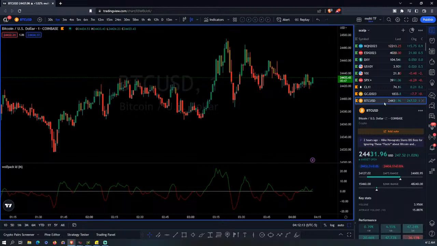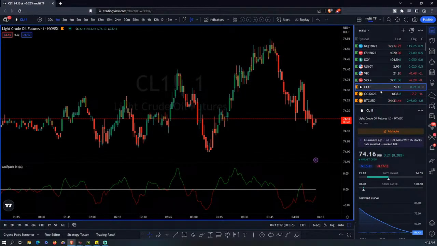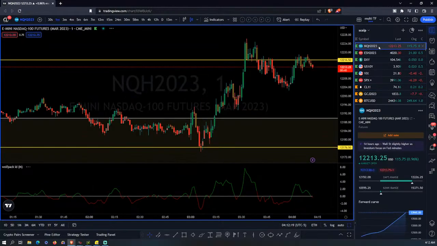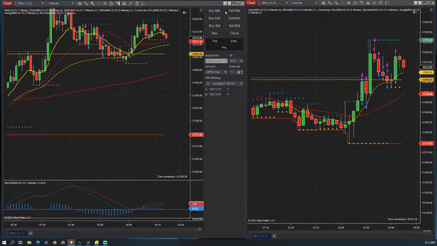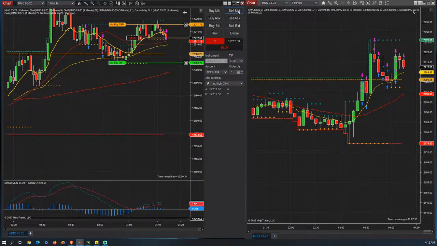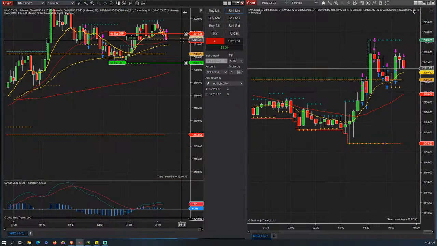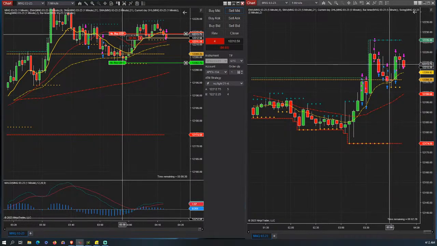I'm not trading Bitcoin right now. Let's look at Bitcoin. This is a 1-minute chart, guys, by the way. It's a crackhead chart. Alright, let's just test it out. Short, why not? I just shorted into an order block. Let's see what happens.